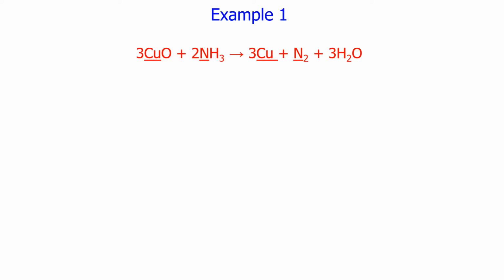When you have oxygen in your compound, let's say here copper oxide becomes copper itself, so it undergoes the reduction reaction. While for nitrogen here, NH3 will undergo the oxidation.